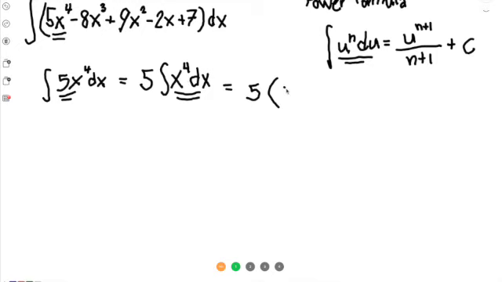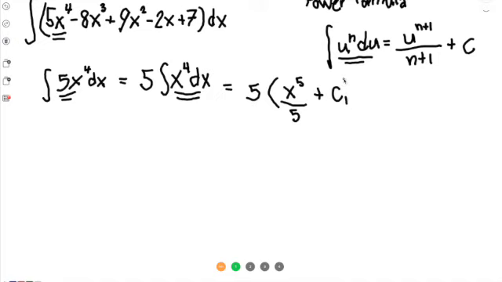It should be 4 plus 1, that would be 5. And it must be divided by n plus 1, 4 plus 1, that would also be 5, plus the constant of integration. Since we are dealing with 5 expressions, we will just put this as C1. Okay.